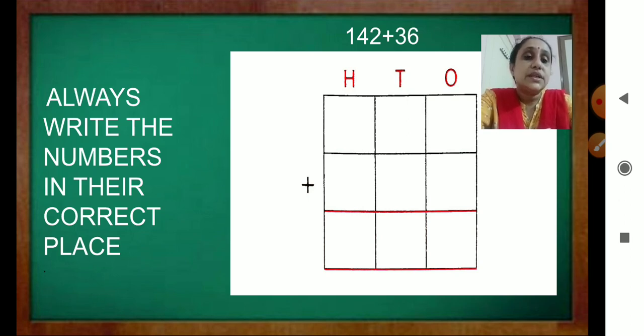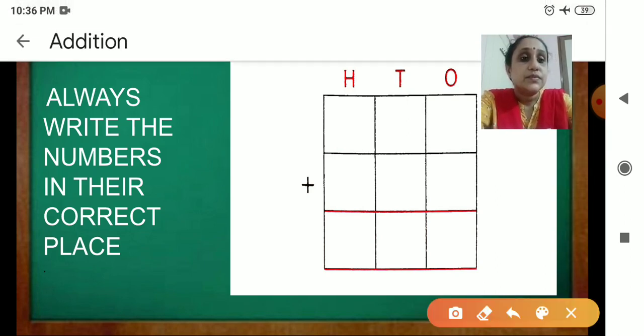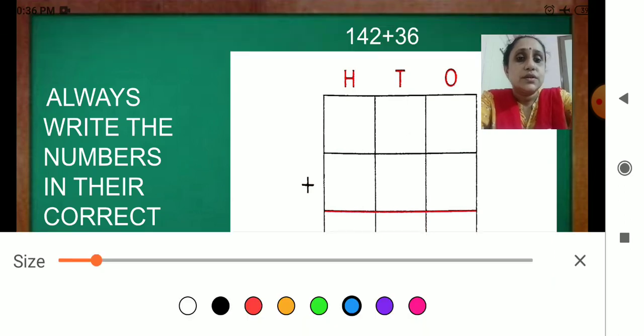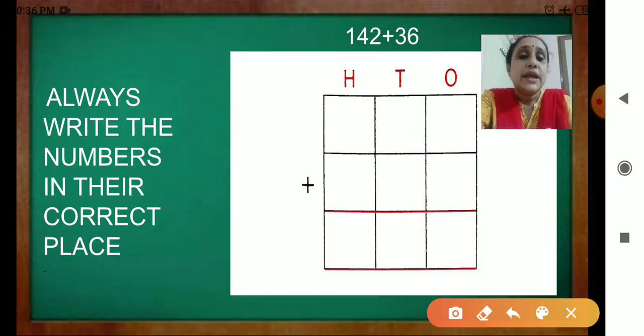Now see here, the box is made: hundreds, tens, ones, HTO. The number is 142 plus 36. Okay, so always write the numbers in the correct place. Now 142, how will you write?